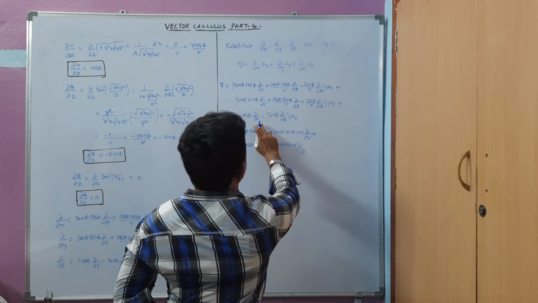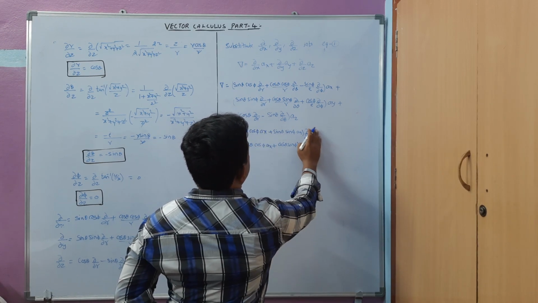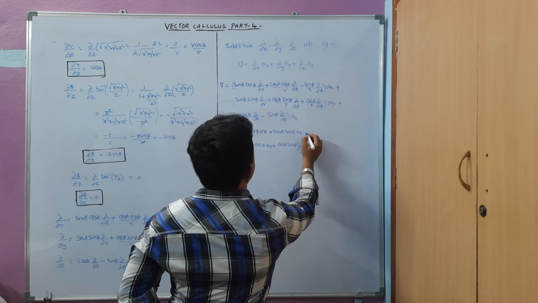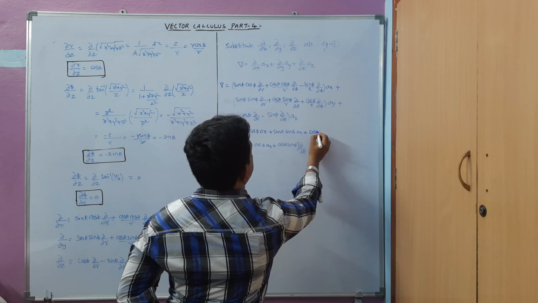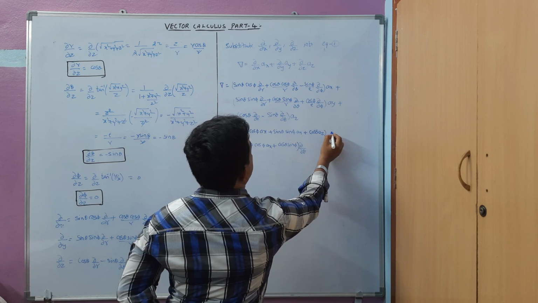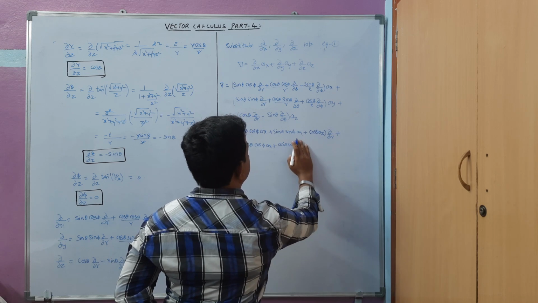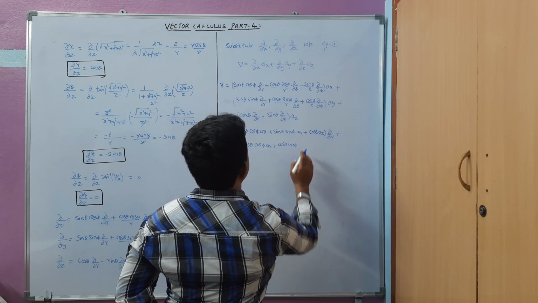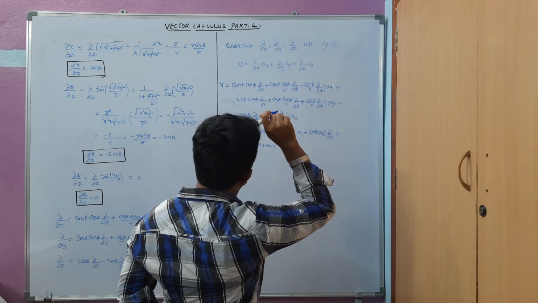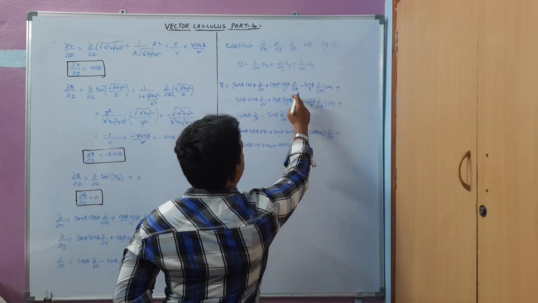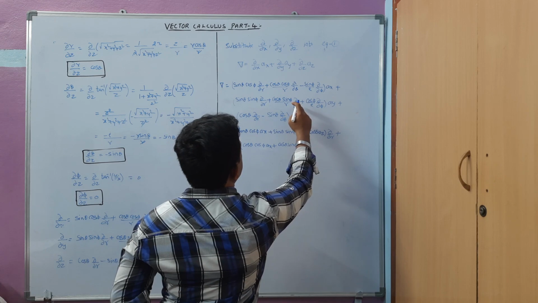I forgot to write another term here, that is plus cos theta Az dou by dou r. Next here also 1 by r, dou by dou theta.